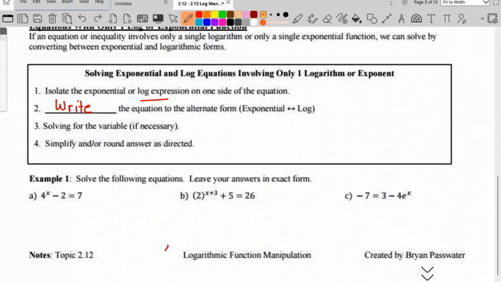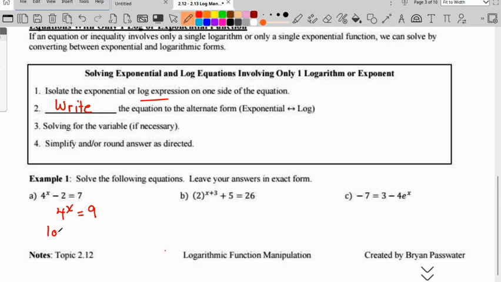Let's solve a few basic equations. 4 to the x minus 2 equals 7. We first get that exponential term by itself, so we add 2 to both sides. We get 4 to the x equals 9. Then we rewrite it in the other form. This is an exponential, so we solve for that variable by rewriting it in logarithmic form. Can you help me with that, Elijah? What should that look like?